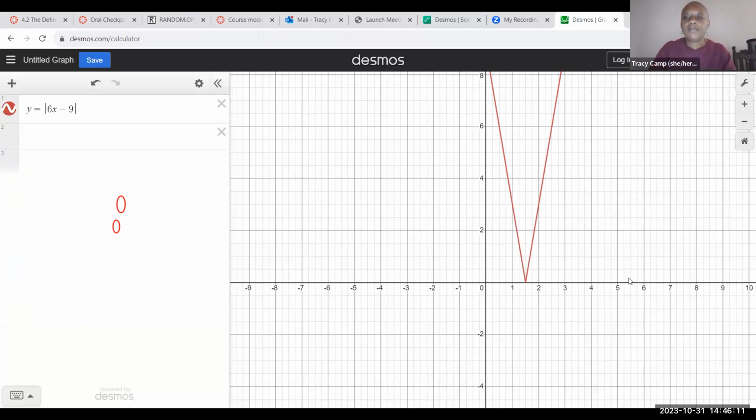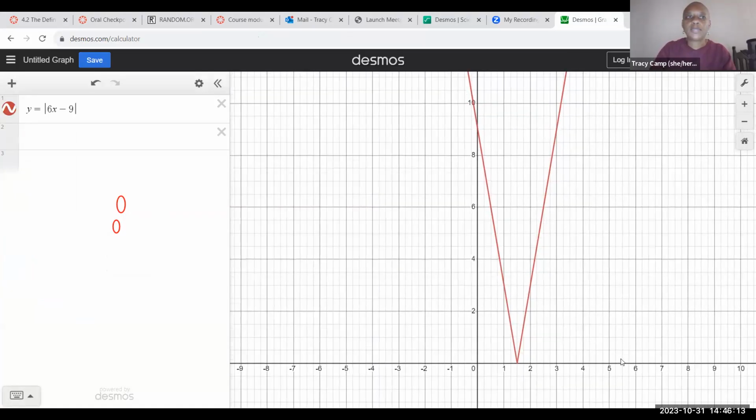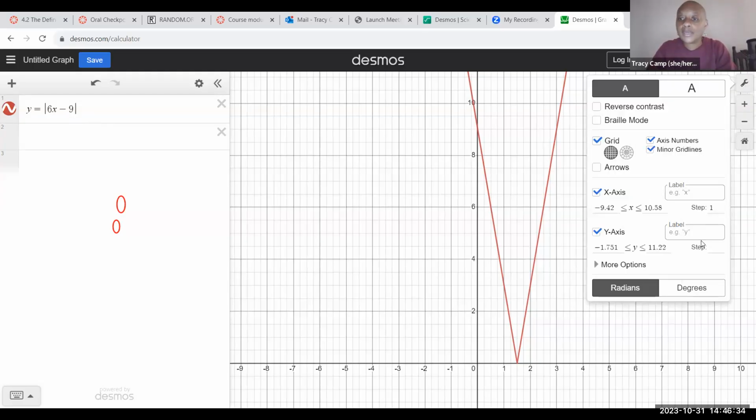If I plug in 7 for x, I get 6 times 7 is 42. 42 minus 9 is 33. So I know my y values are going to go way up to 33 for what we're looking at. So I'm going to change my y's here.